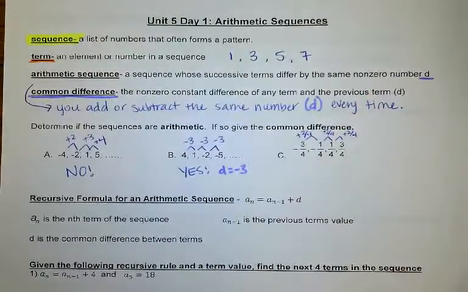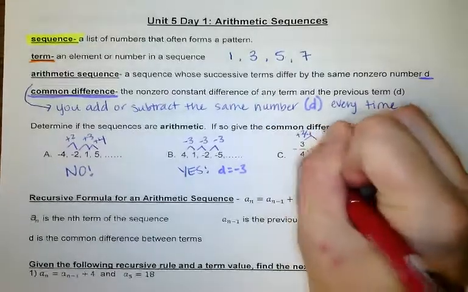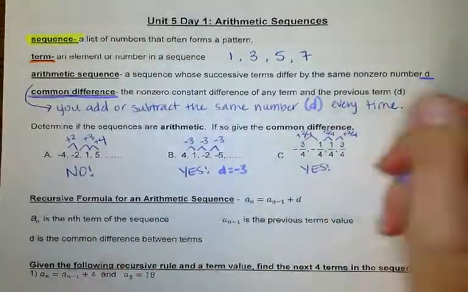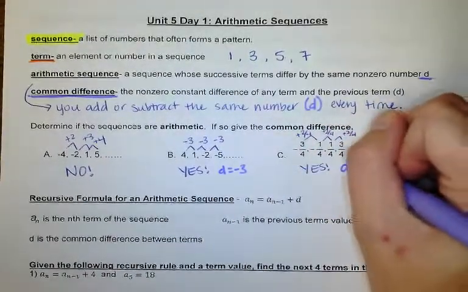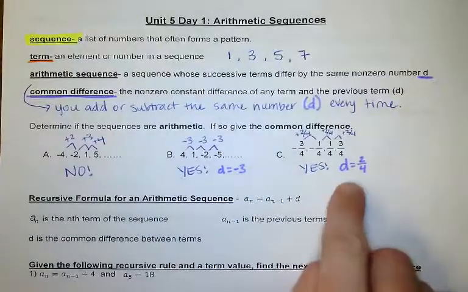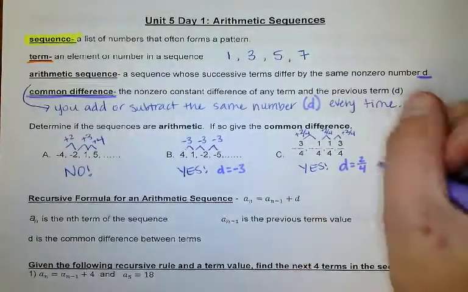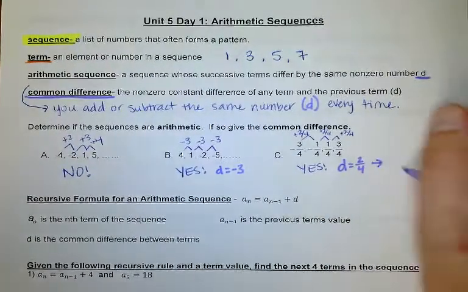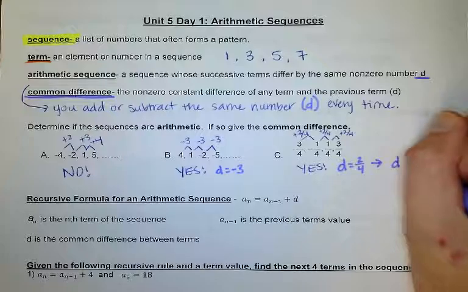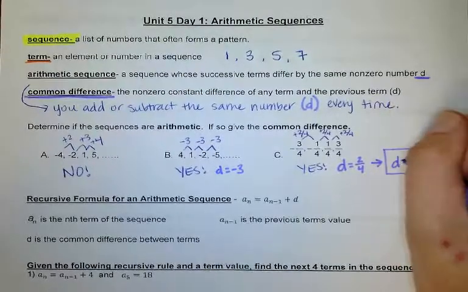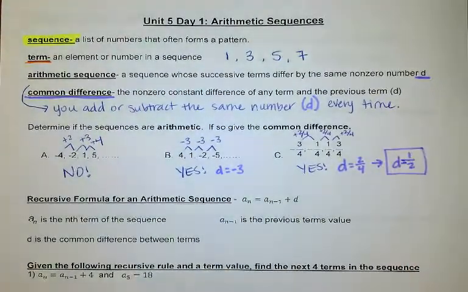So is this one an arithmetic sequence? Yes, because we're adding the same number each time. So my common difference in this case would be 2/4, but would we ever leave it that way? Absolutely not. We would definitely want to make sure that it is a simplified fraction, and our common difference is 1/2. Do y'all feel good about that?